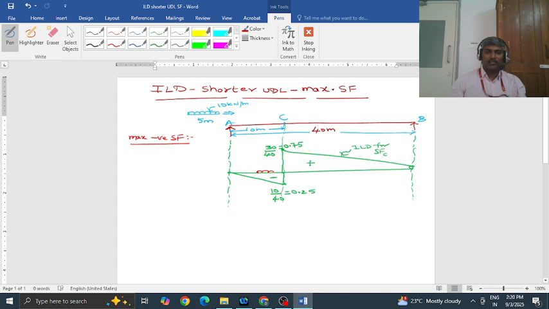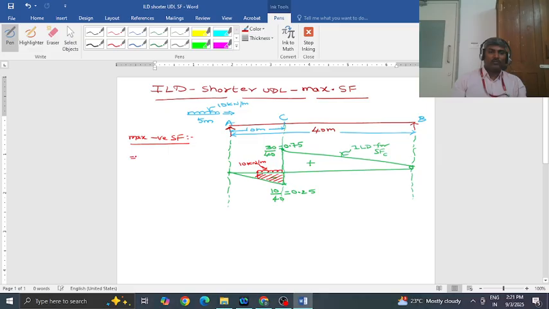So I place UDL like this. (10 kilonewton per meter). So this is the ordinate and this is the area occupied by the UDL.